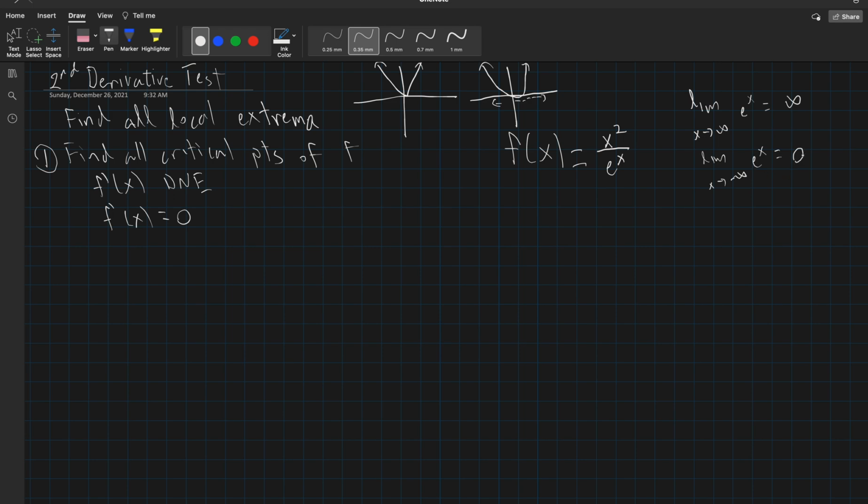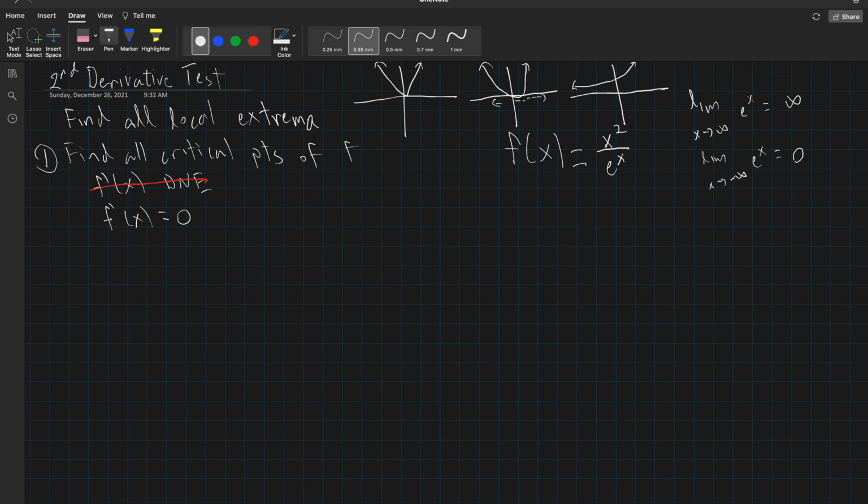So in the limit, it's going to be 0. We also know that e to the x is an increasing function, so we expect it to never cross the x-axis. So our denominator will never equal 0. It seems that our function is differentiable at all places, so we will not be getting any critical points from this.